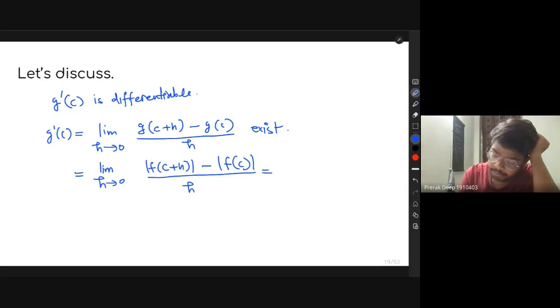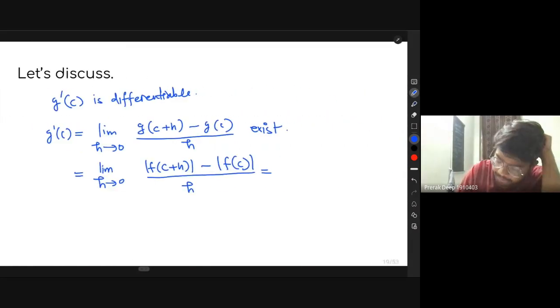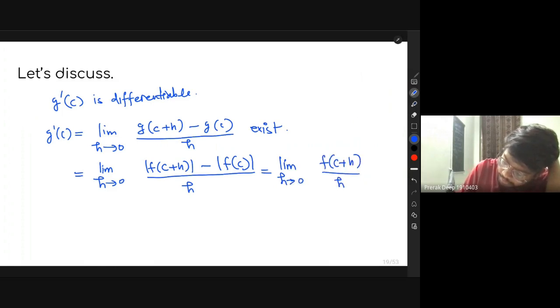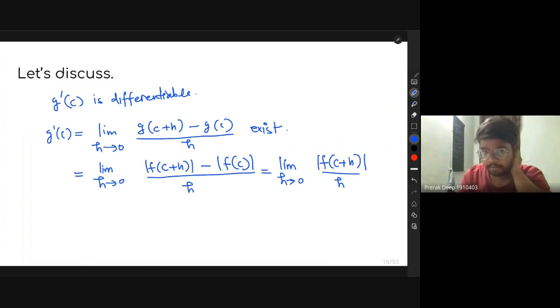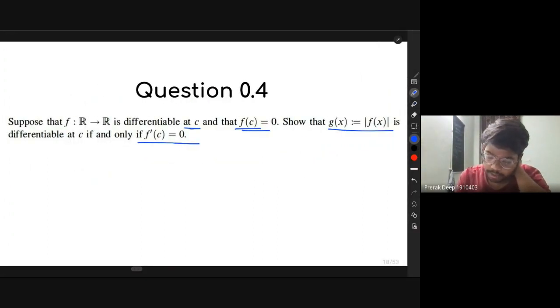Now we already know that f of c is 0, so this reduces to modulus of f of c plus h, divided by h. Now it is given that it is differentiable.